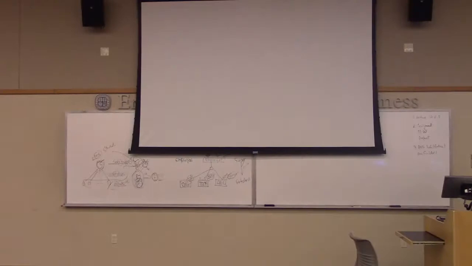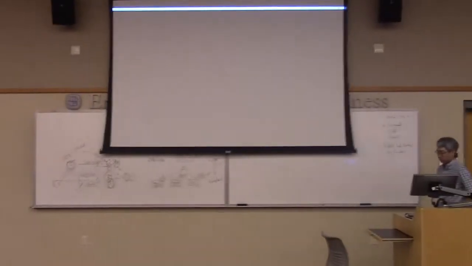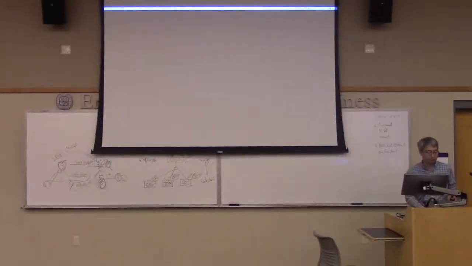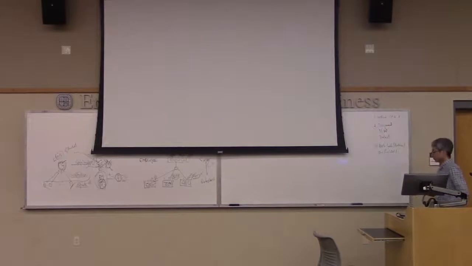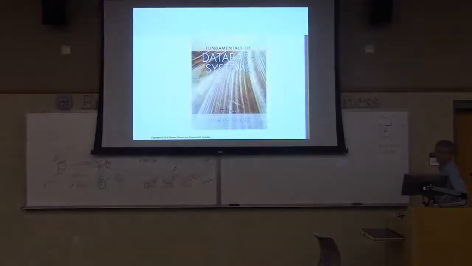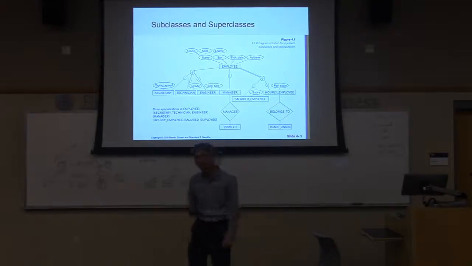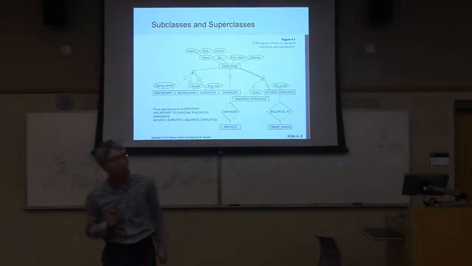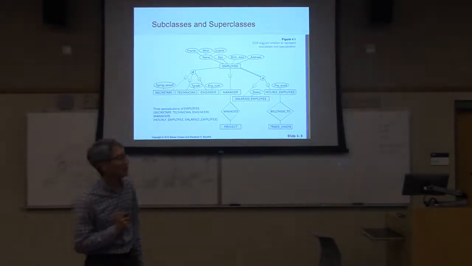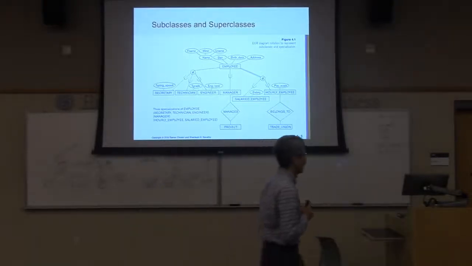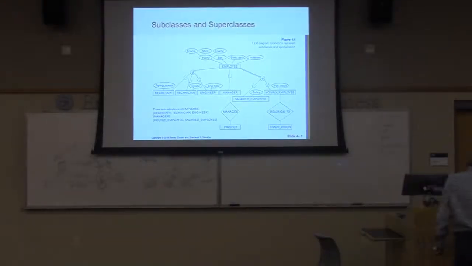Let me use the slide for our example. So this is one example of the EER diagram. Question: how many entities can you find here? Three.